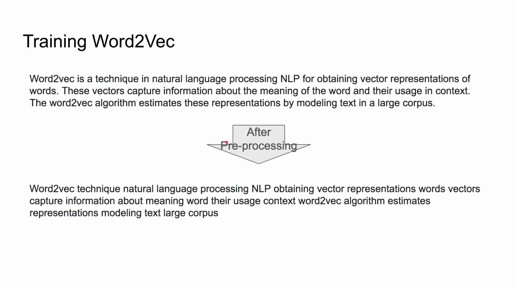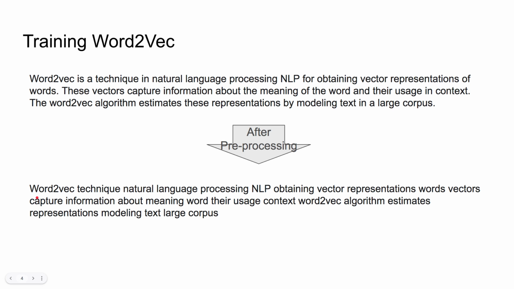So how does the training happen in Word2Vec? So let's consider a paragraph. So this is the Wikipedia entry for Word2Vec, the first few sentences. We pre-process the text to generate something which is shown below.